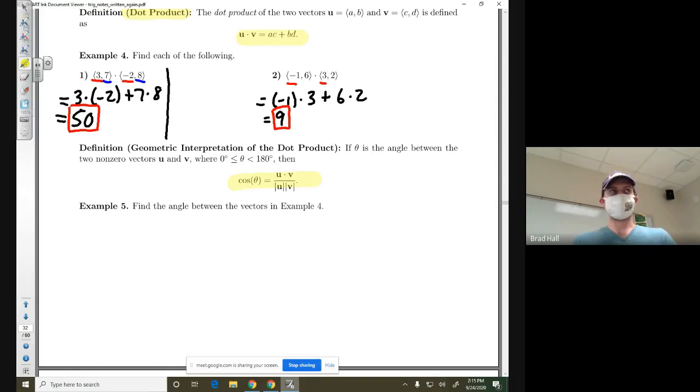Really the part I mentioned is the relation between the dot product and if two things are perpendicular. If two things are perpendicular, then their dot product is 0.